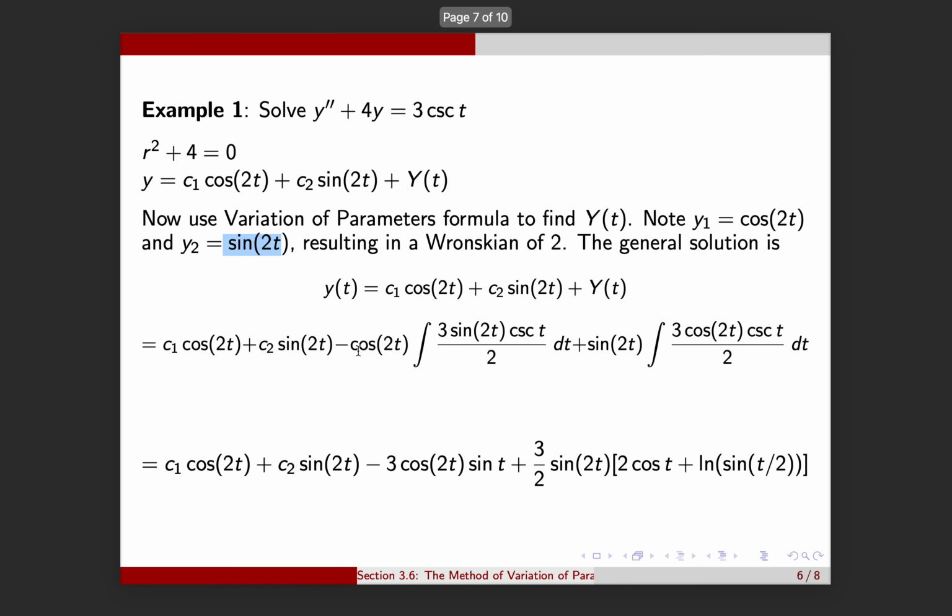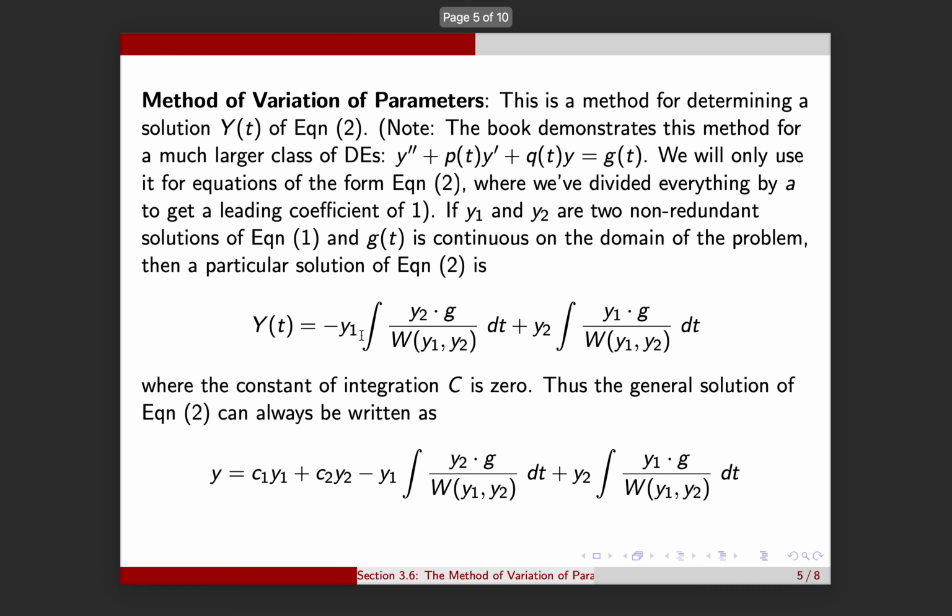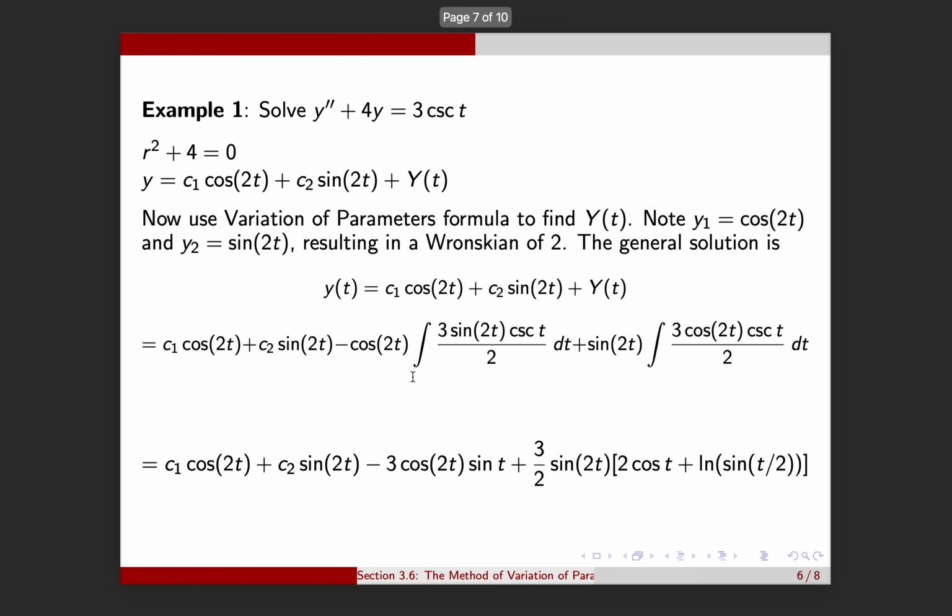Okay, so minus y1. See, there's minus y1. I can't put this all on the same slide at the same time, but minus y1. And then here's y2. And then here's g of t. Well, g of t is 3 cosecant t, so I split the 3 and the cosecant.